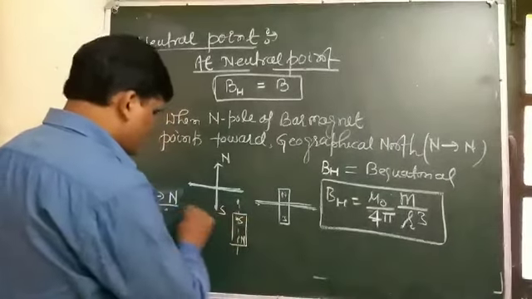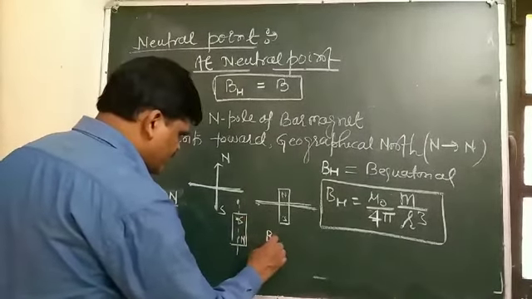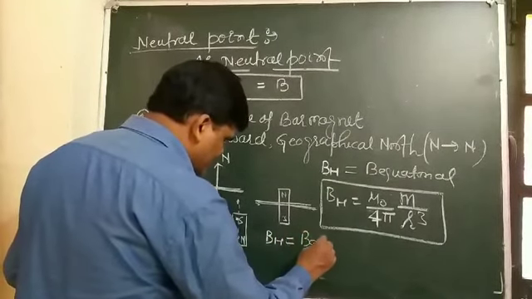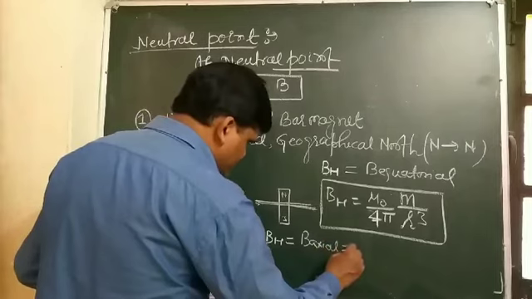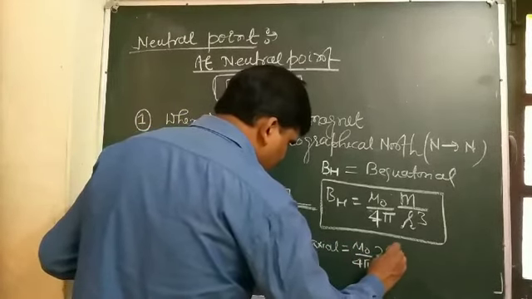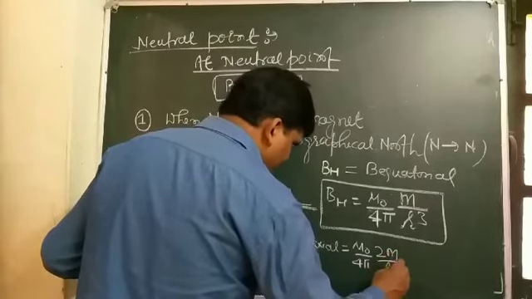Here BH equal to B axial. And B axial, you know, is mu naught by 4 pi, 2M by R cube.